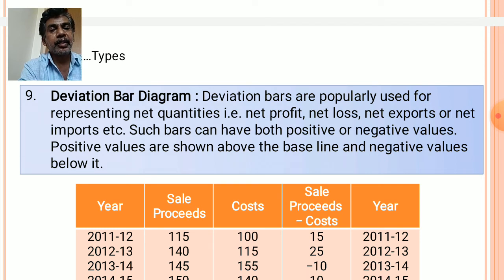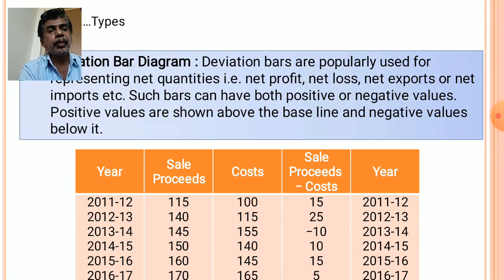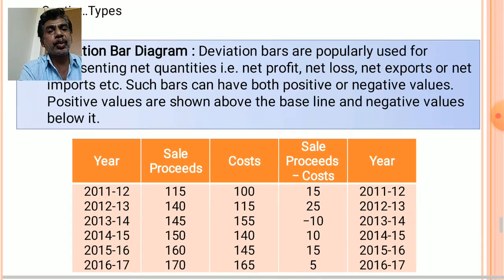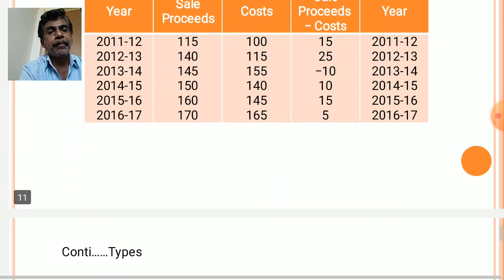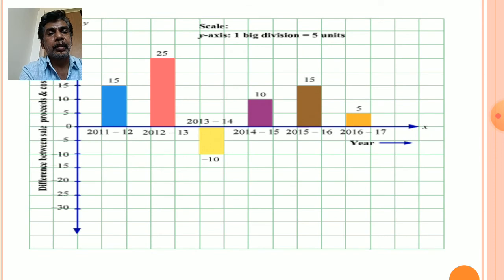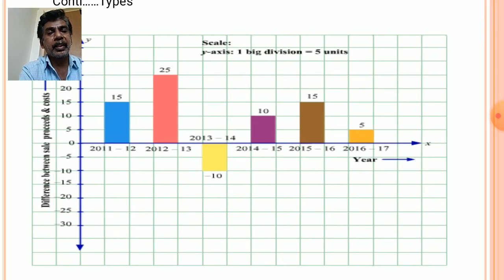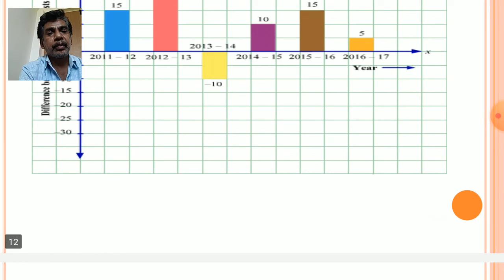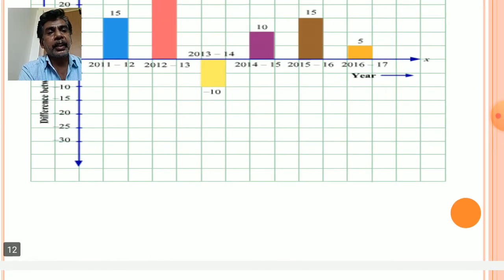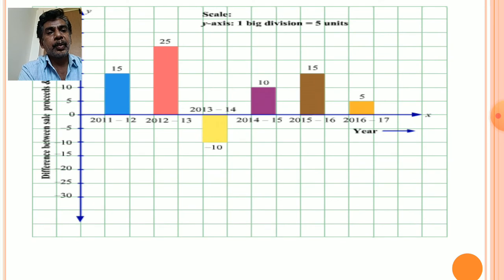If sales are less than cost, then we get the loss. So therefore, positive values are shown above the baseline and negative values are shown below the baseline. This is an example we can understand clearly from this. Above the line and below the line.